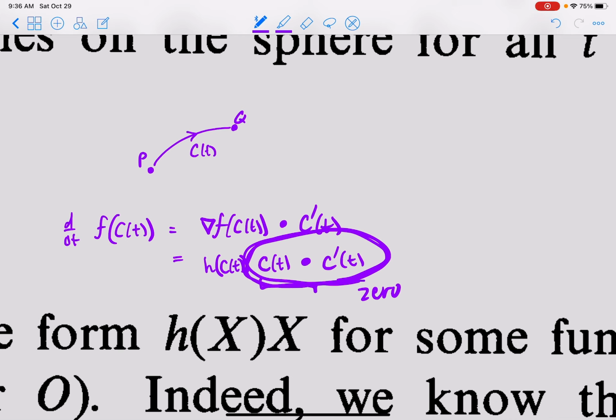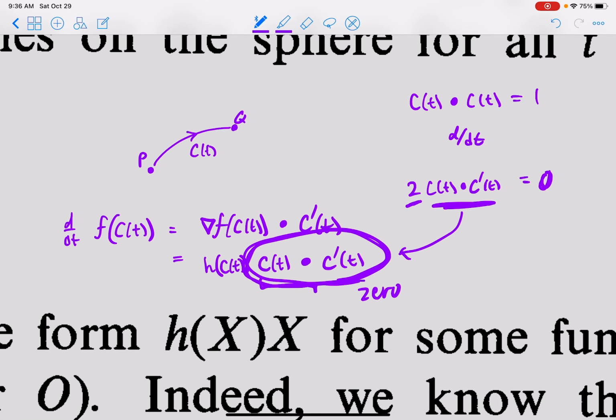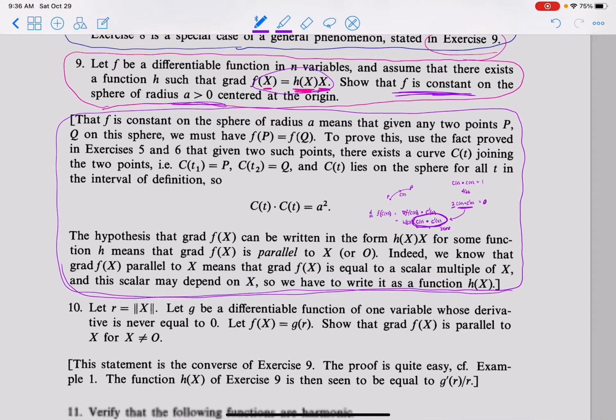Why? Well, because on a sphere, c of t dot c of t is 1. And so apply d dt to both sides, we get the derivative of 1 with respect to t is 0. And the derivative here is 2 c of t dot c prime of t. And so 2 is not 0, so this must be 0. And that finishes exercise 9.